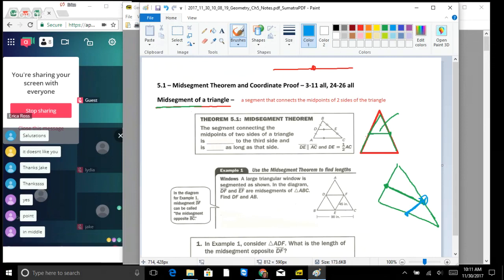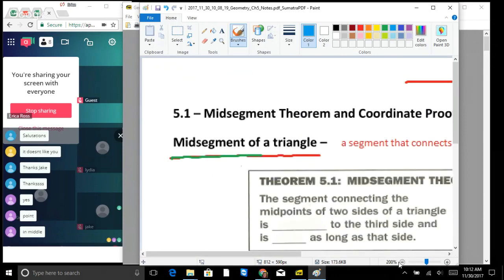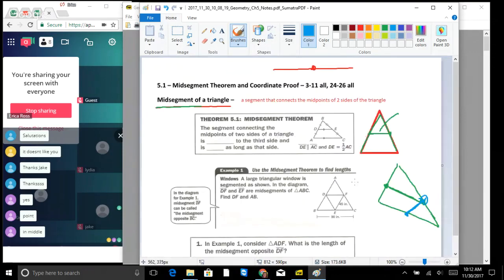Okay, first up, we get a theorem that has to do with mid-segments of triangles. Because we're all hoping for a theorem first thing in the morning, right? The segment connecting the midpoints of two sides of a triangle is parallel to the third side and is half as long as that side.